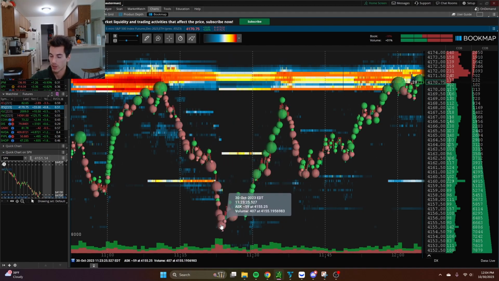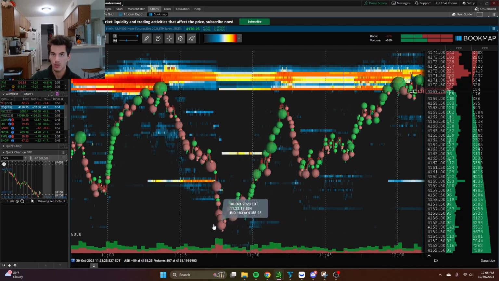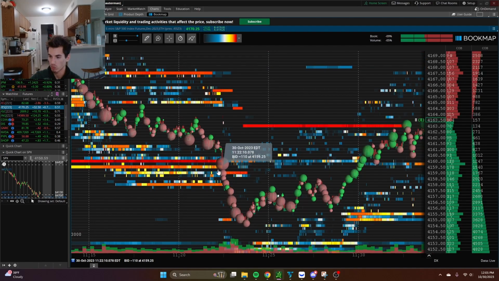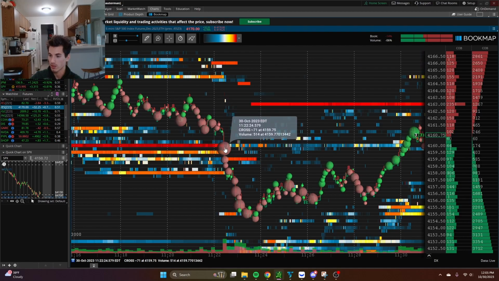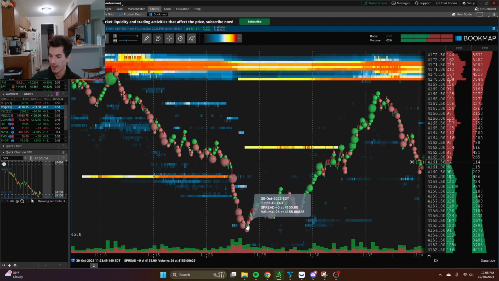Same thing with a red bubble at a lower price, or just a low, right? So sellers tried to push price down. Really, that was a crazy sell-off right here. And they got absorbed at the bottom, right?